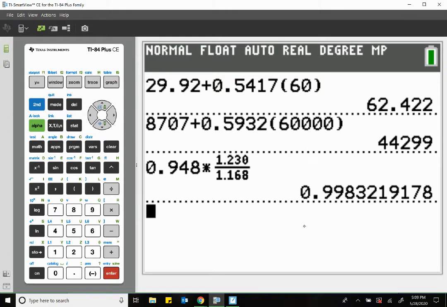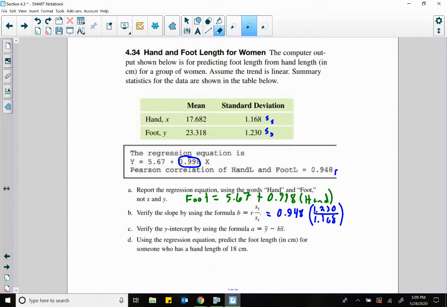And yes, that verifies that the slope is 0.998. And you can see it, 0.998 down here. They're going to do the same thing. They just want to make sure that you can grab the information and plug it in.